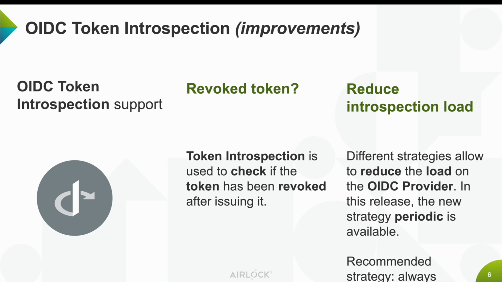To reduce the load, we provide a strategy to only send a part of the requests to the OIDC provider. In this release, the new strategy periodic is available. From a security perspective, it is highly recommended to use the strategy always, which causes that every request is checked.